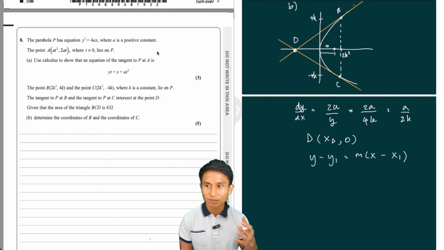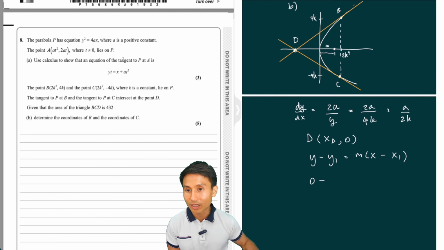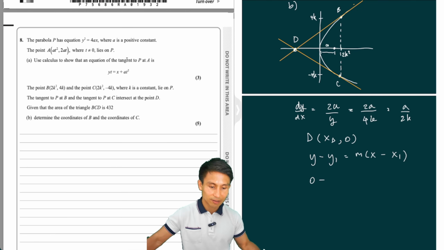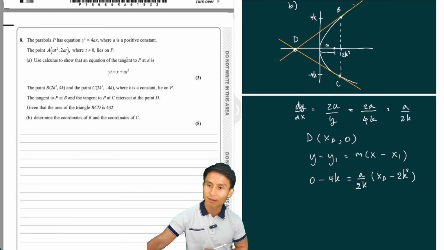So that will allow us to find xd without having to find the equation first. So 0 minus y1, because this is the tangent at point D. B is y1 is 4k, point B. M is already found, a over 2k. And x is xd. x1 will be 2k squared, that's of point B.